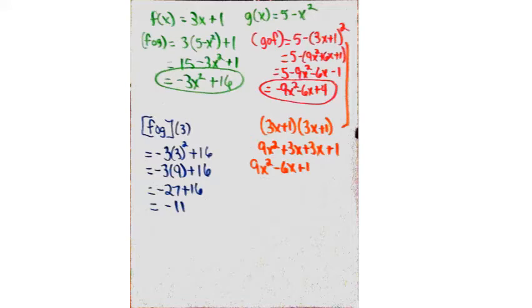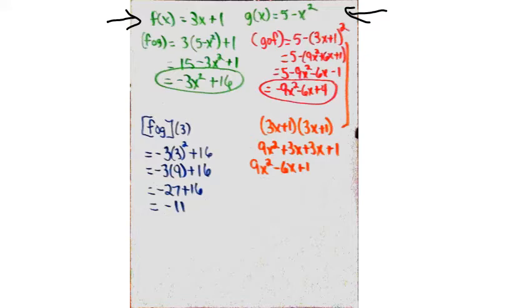We're given two functions: f of x equals 3x plus 1, and g of x equals 5 minus x squared. We're asked to compose both f of g and then g of f, and a little later on we're asked to compose f of g of 3. So let's just go through here.